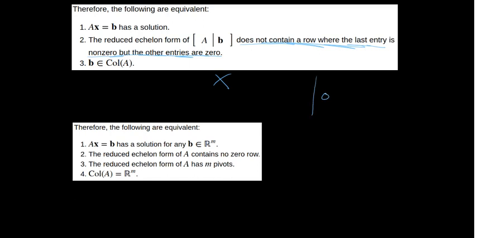It cannot have a row where the last entry is non-zero but all the other entries are 0. So this is not good. This implies no solution, as we have seen before. So if such a case does not happen, then we know that Ax equal to b has a solution. We are able to solve that, and these three statements are the same.